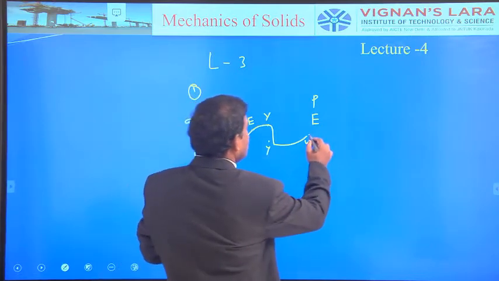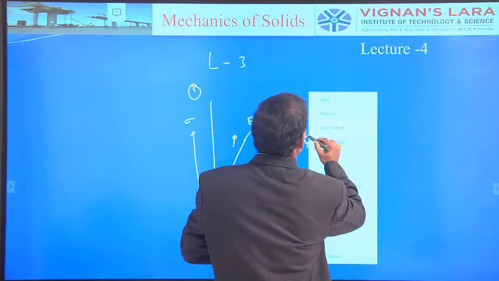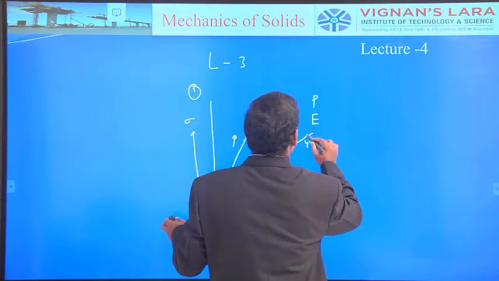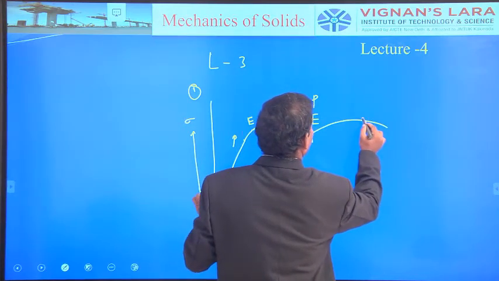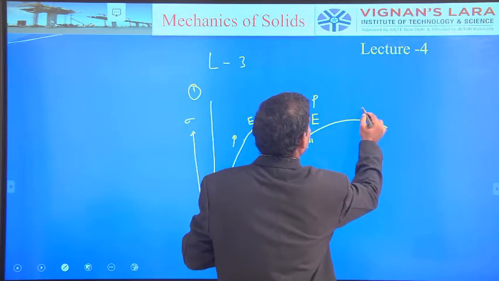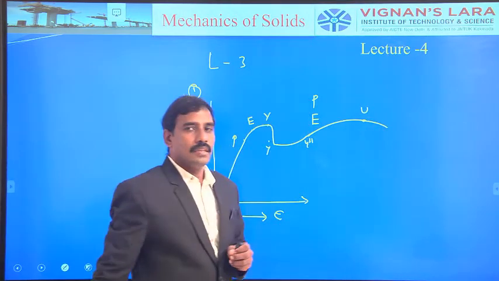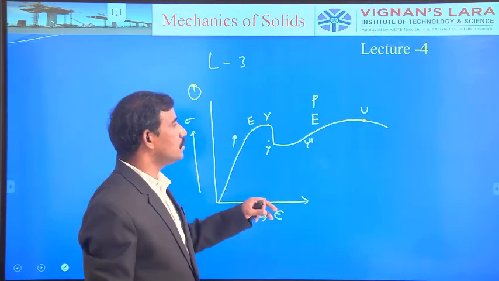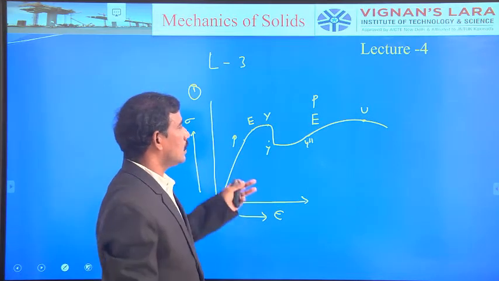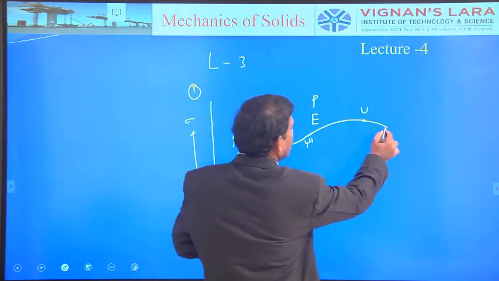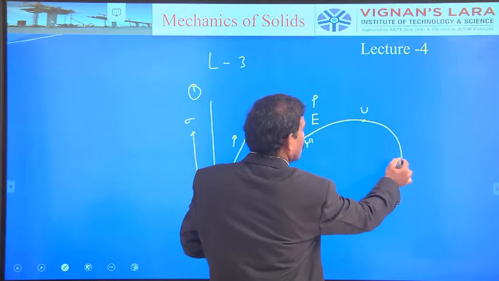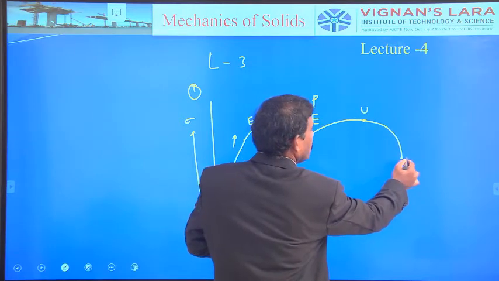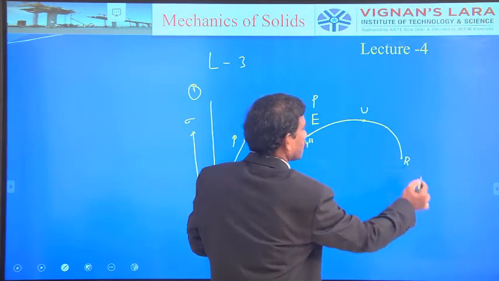Then further deformation is caused by the applied load up to a point, say U, the maximum stress induced, in other words the maximum load. Then at a particular value the material fails, that is rupture.